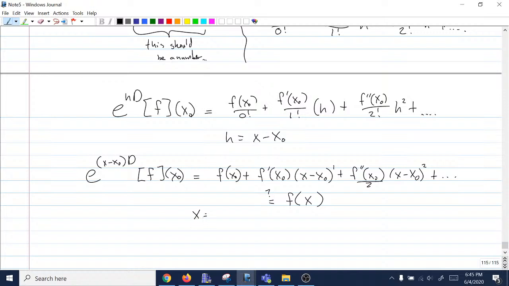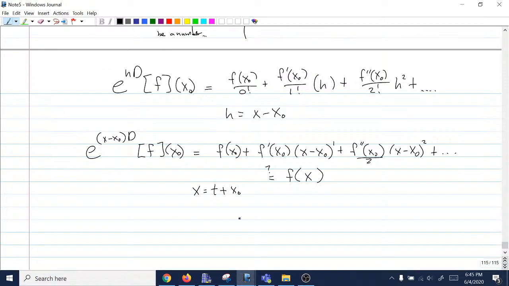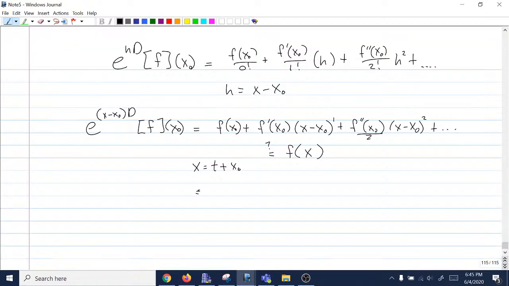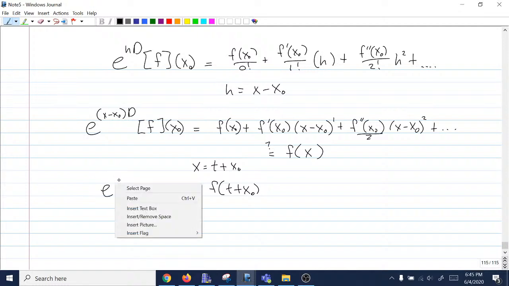Let's let x equal t plus x naught. I get f of t plus x naught on the right, and on the left I get, x minus x naught is t, I get e to the td f of x naught. So I translated it to make it look like the Taylor series, and then I translated it back.